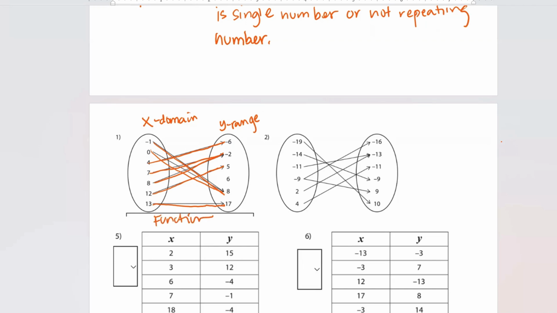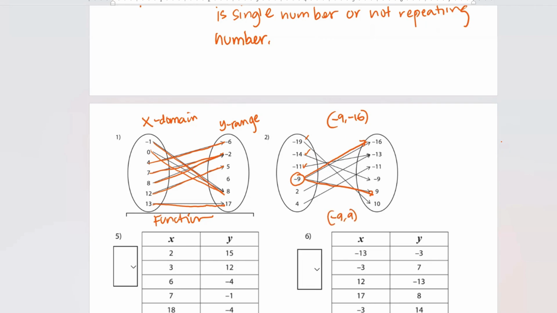Now, question number 2. Look carefully at question number 2: 19, negative 19, negative 14, negative 11. This number here tells me there are 2 stems coming out of it. So this means negative 9 comma negative 16, that's the ordered pair, and another one, negative 9 comma positive 9.